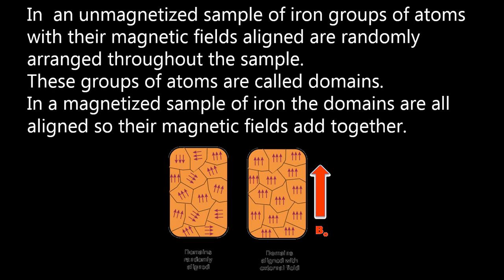But these groups are not aligned with each other, and so the magnetic fields kind of cancel each other out over the entire lump of the metal. When you align those domains with an external magnetic field, then you get the magnetic fields of each of those domains adding together, and you create what's called a ferromagnet, or an iron magnet.